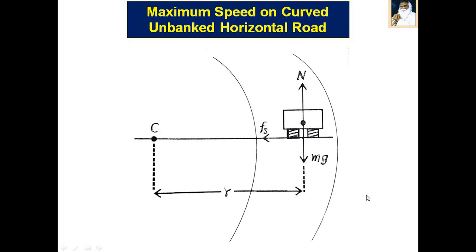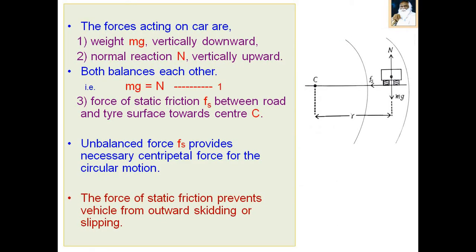Now there is another force which is acting towards the center of the circular path. This is the direction of the force along the radius and toward the center. This force is given here by Fs. Now this force of static friction, we say, acts between the road and the tire surfaces, and its direction is toward the center of the circle.